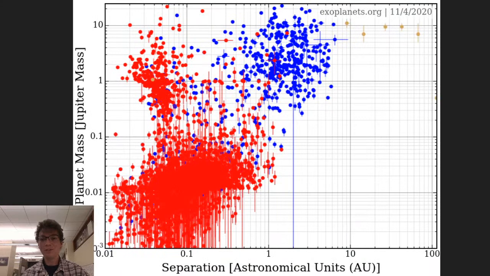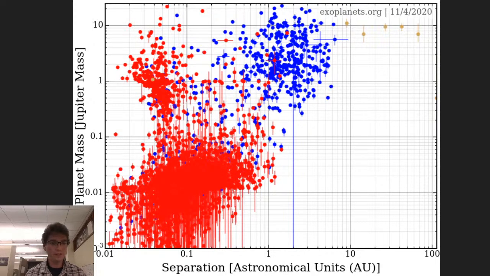Okay. So for most planets that we know of, all of the information that we know about the planets can be summed up on this one diagram I'm showing right now. So here I've plotted the planet's mass, and this is compared with the mass of Jupiter. You could also think of this as a proxy for the planet's size. And on the x-axis, I've plotted the distance between the planet and its star.